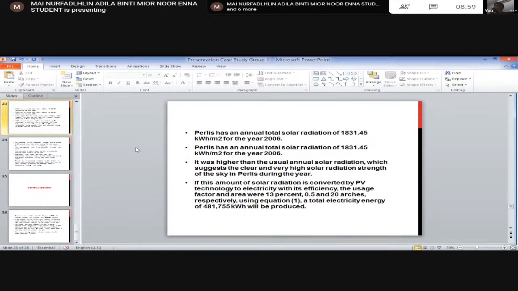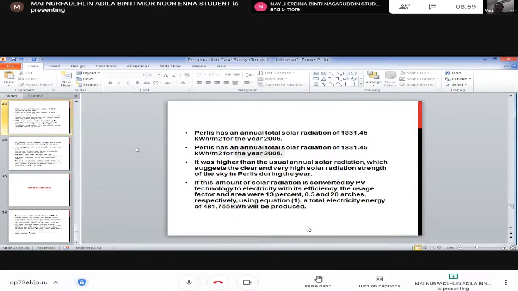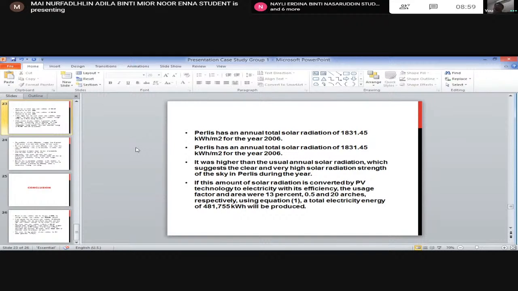It was higher than the usual annual solar radiation, which suggests the clear sky and very high solar radiation strength in Perlis during the year. If the solar radiation is converted by PV technology to electricity with its efficiency, it will produce a large amount of energy as stated before.